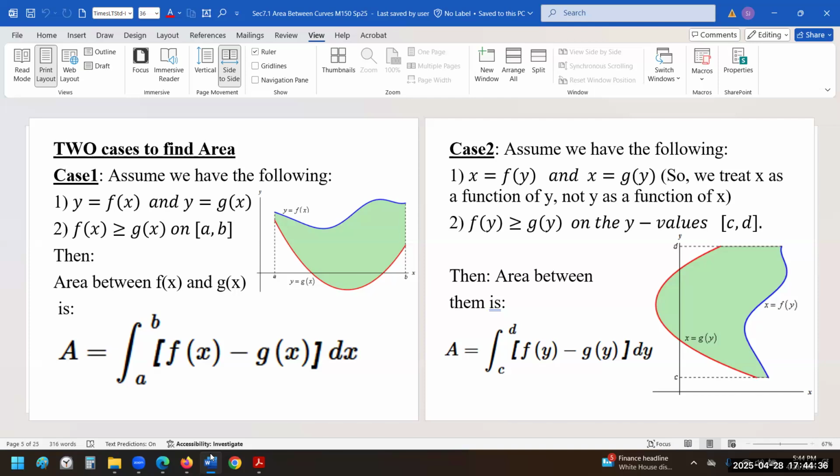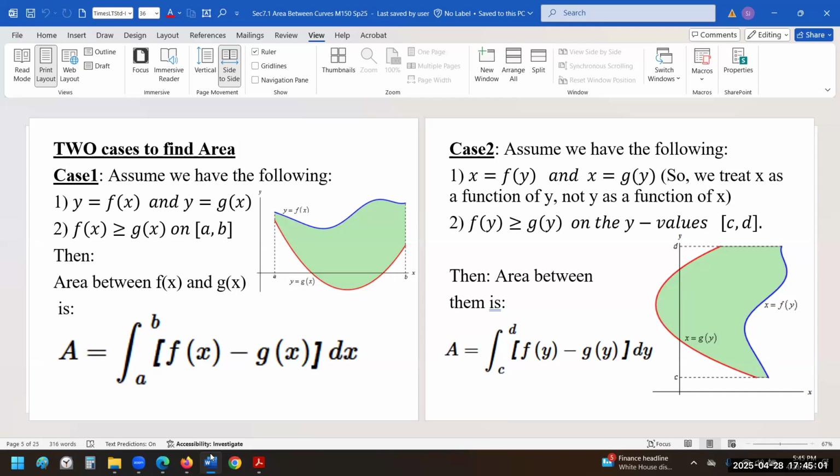Okay, and you always subtract the smaller function from the bigger function. If you don't know which one is the smaller function and which one is the bigger function, there are two choices. Take an x value and substitute it in the functions to see which one gives you the bigger y value. If we have the left side scenario, whatever gives you the bigger y value, that means that's the bigger function. So you subtract the smaller function from the bigger one.